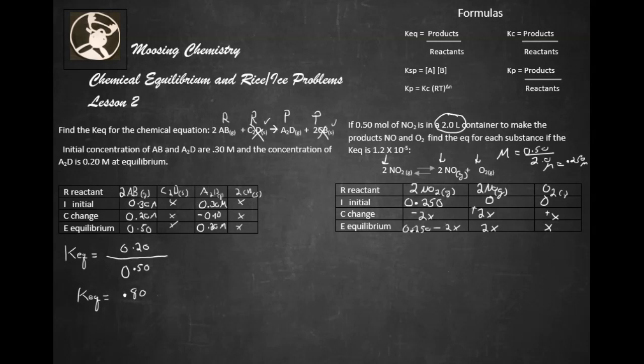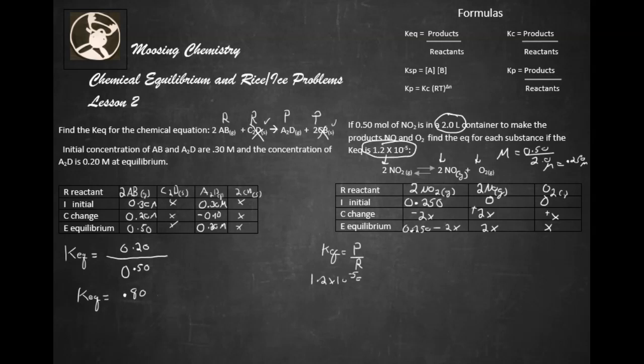Now we have to find our product total. So let's see here, we get Keq equals products, and we'll call that P, over reactants, call that R, right? Just going to shortcut it a bit. And we know our Keq, so it's going to be 1.2 times 10 to the negative fifth. It tells us this right here, right?